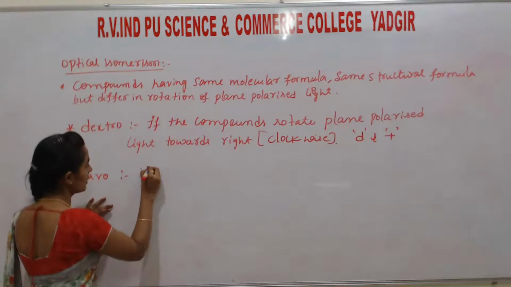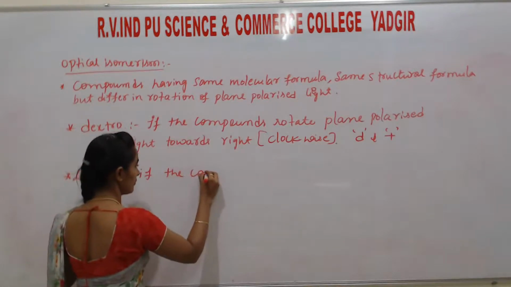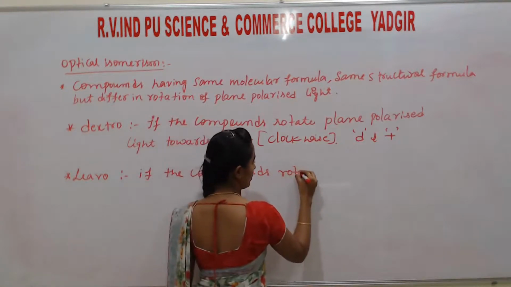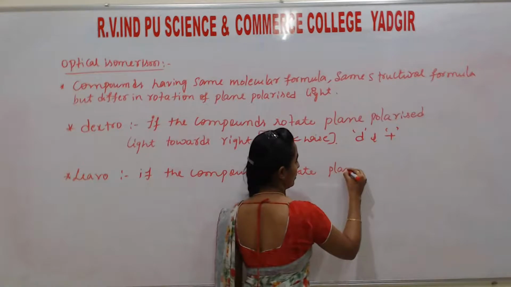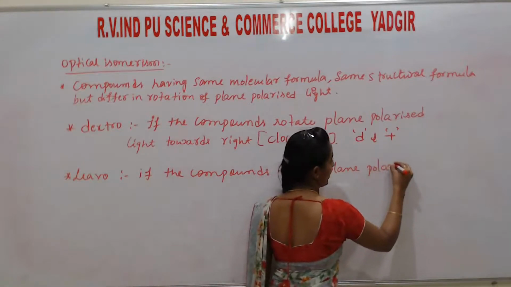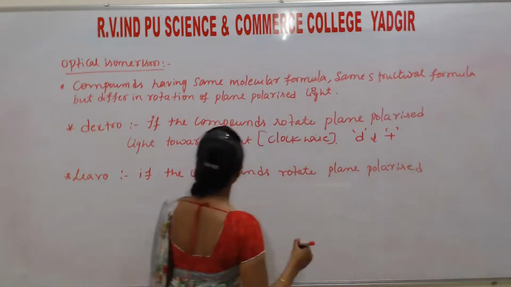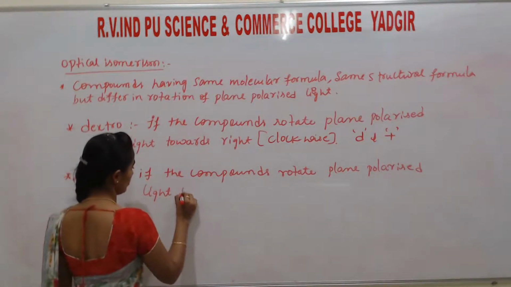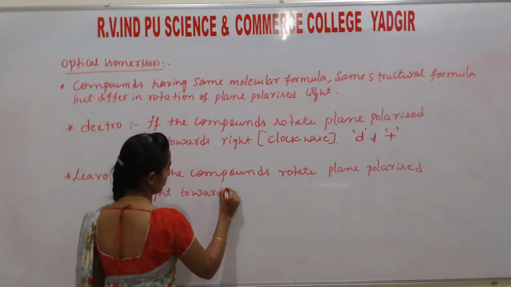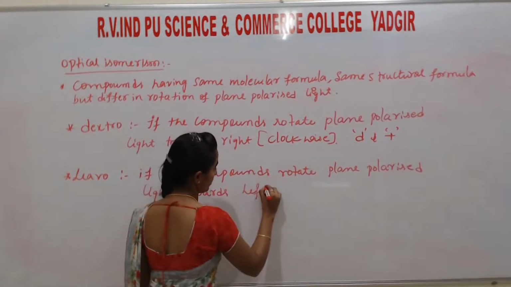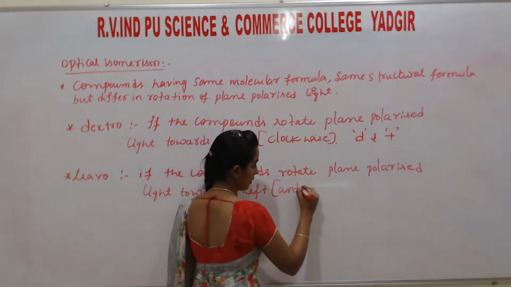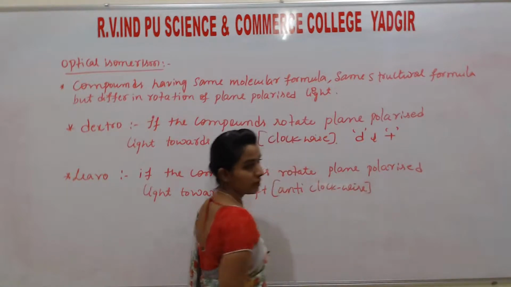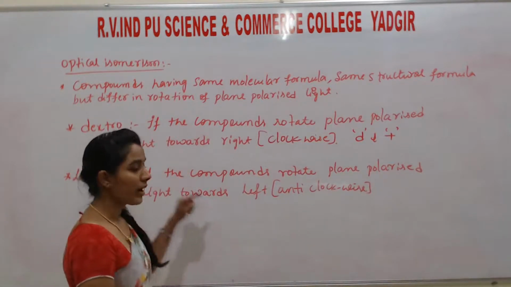Next, levo means if the compounds rotate plane polarized light towards the left, that is anti-clockwise direction, they are called levo isomers.